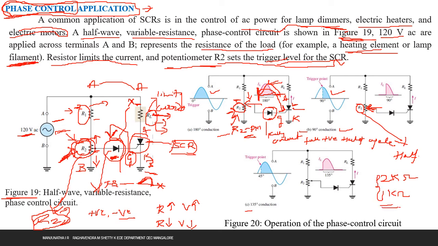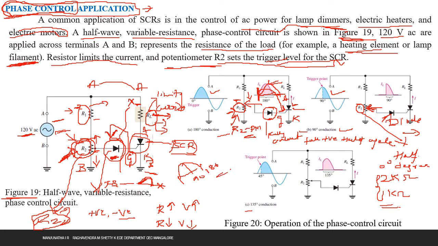Because of that, this diode is not going to conduct from the 0 degree. So we know the 0 degree and 90 degree: here it is 0 degree, this is 90 degree, and this is 180 degree.